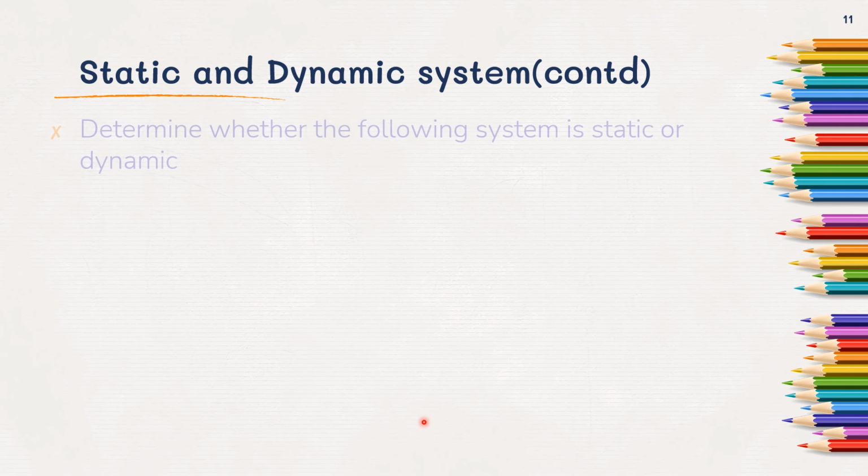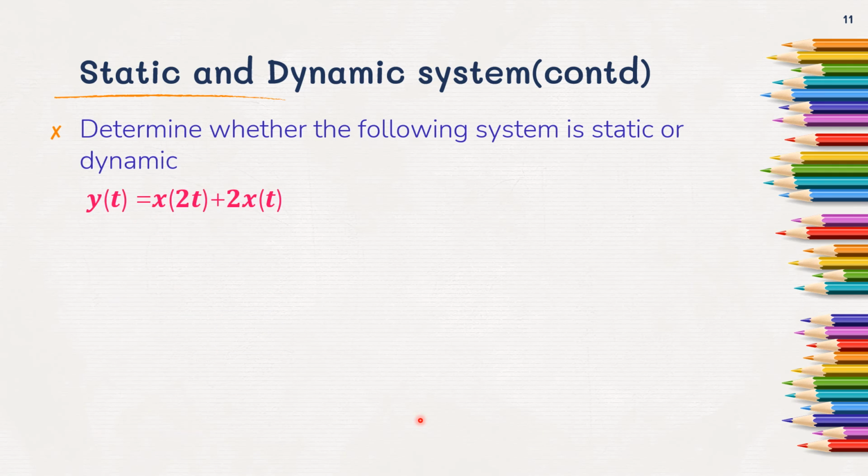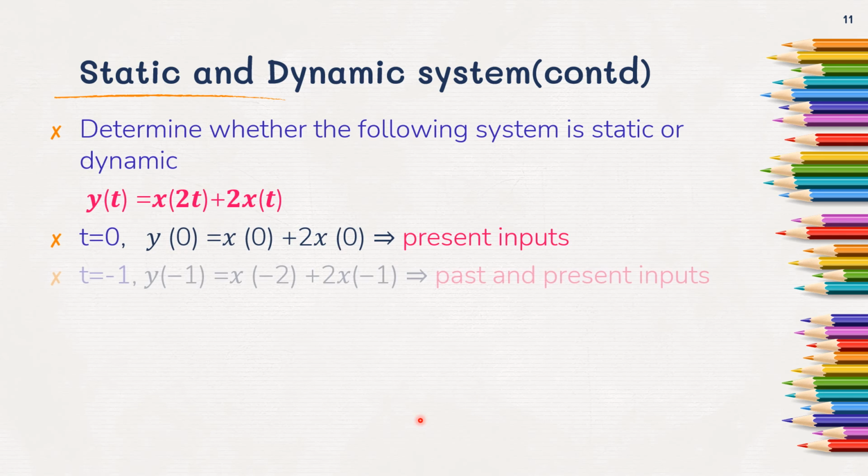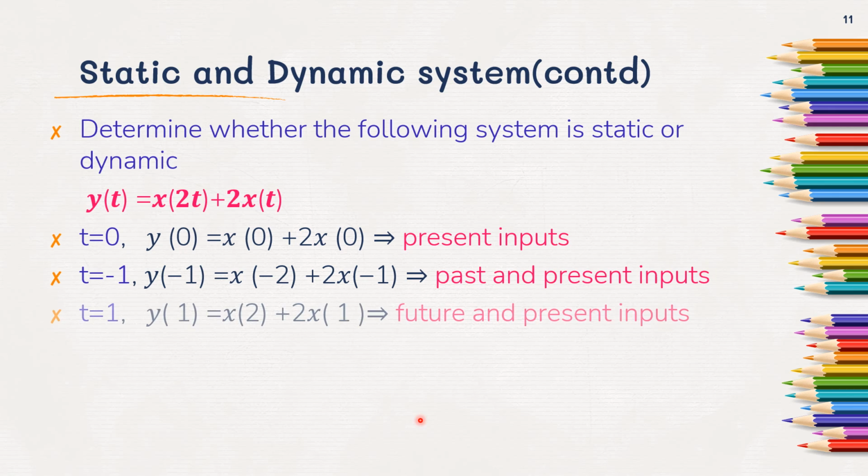Right. Now, let us look into one example of static and dynamic system. Given a question, y of t is equal to x square of t plus 2x of t. The same way you have to find out for t is equal to 0, t is equal to 1, t is equal to minus 1. When you look into it, t is equal to 0 depends upon only present inputs.